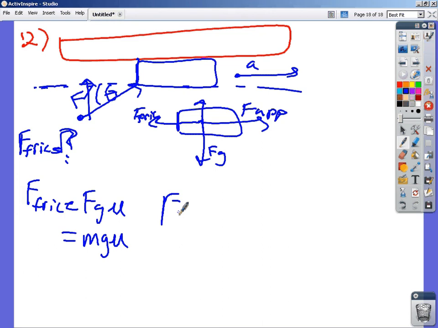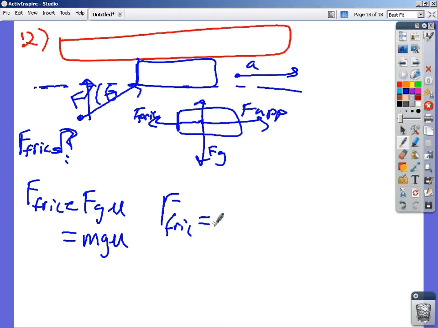It's going to be equal to the normal force multiplied by mu. It's actually not the force of gravity in this case because, like we said before, gravity is pulling some of that normal force away. So it's going to look like this.